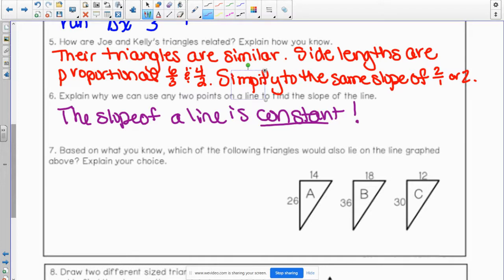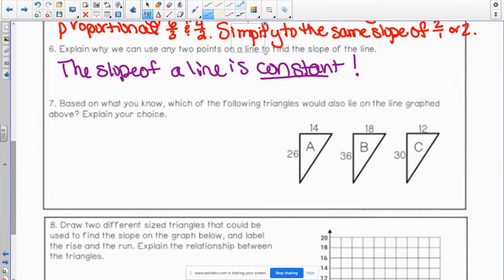So based on what you know, which of the following triangles would also lie on the line graphed above? So we're going to look at the proportions, the change of the y over change of the x. So A here, change of the y is vertical, so that would be 26 over 14.